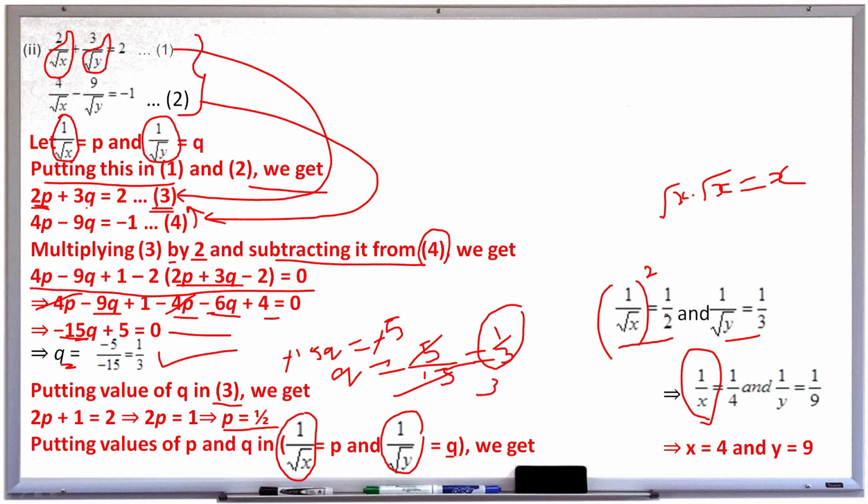The same way, on the right hand side, 1 by 2 the whole square, 1 by 4 will come. Similarly here also, 1 by root y is equal to 1 by 3, this one also you have to square it, it will become 1 by 9. So cross multiplying, you will get the value of x is equal to 4 and y is equal to 9.